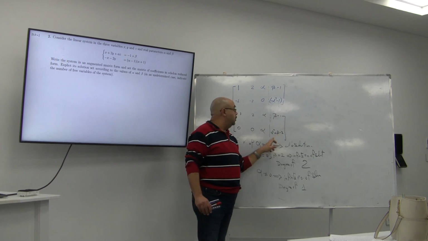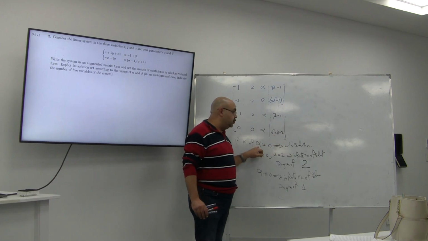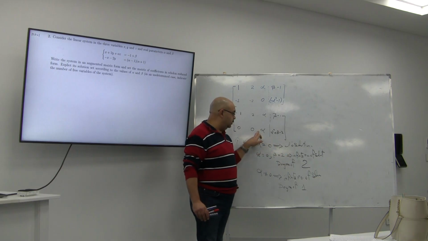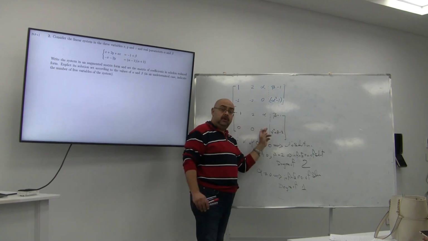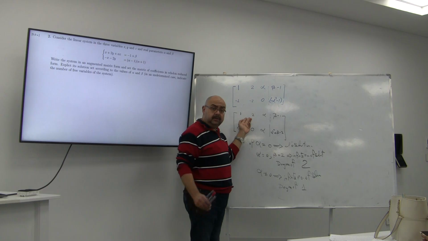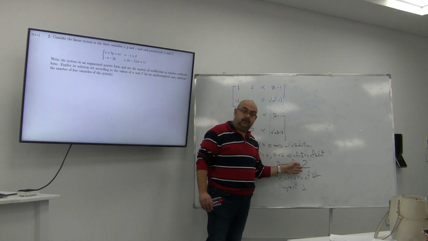So if b does not equal 2 while alpha equals 0, you will have no solution. But if alpha equals 0 and beta equals 2, all this row is going to be zeros. So you will have only one equation, and that is it. So the number of degrees of freedom will be 2.